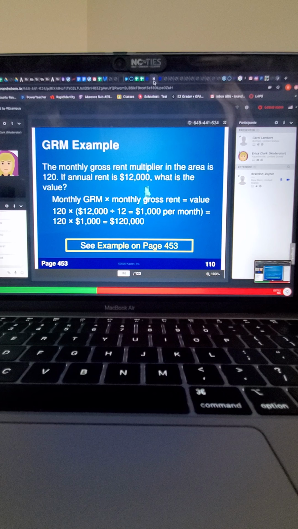And that'll give you $172,500. Any questions about the gross rent multiplier?